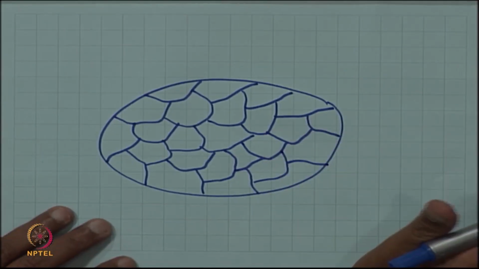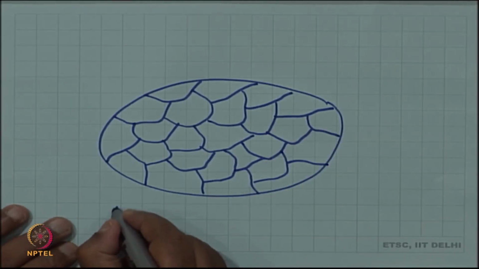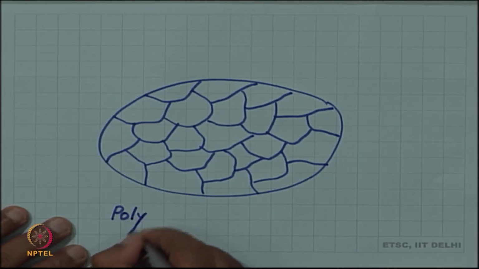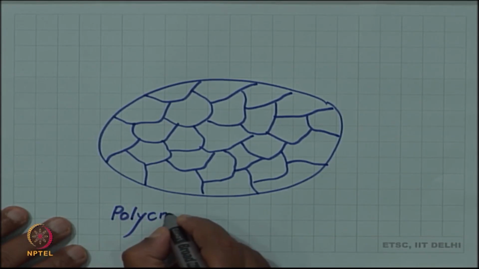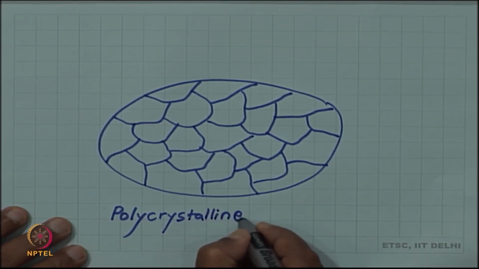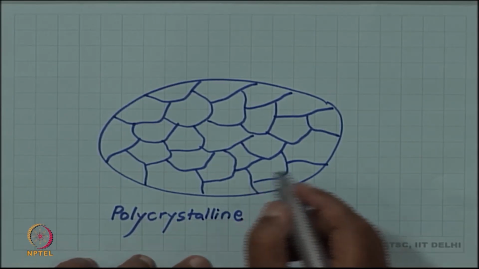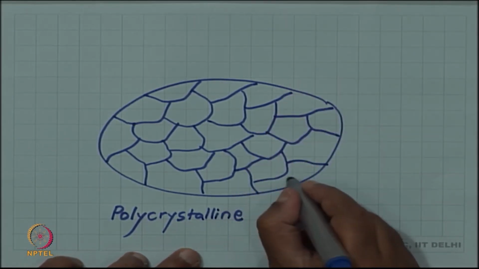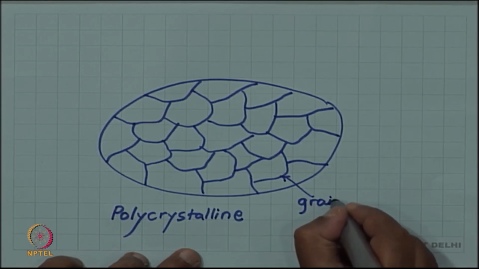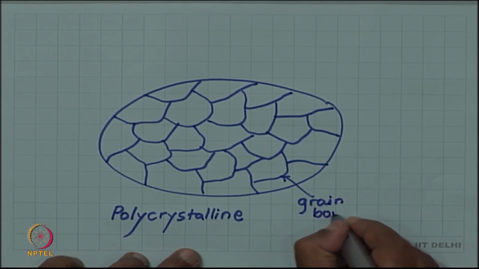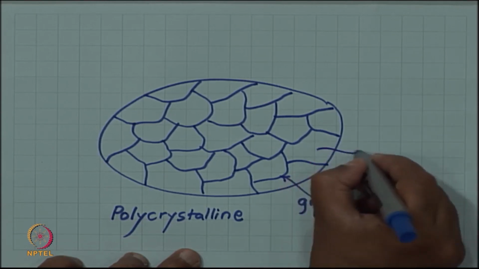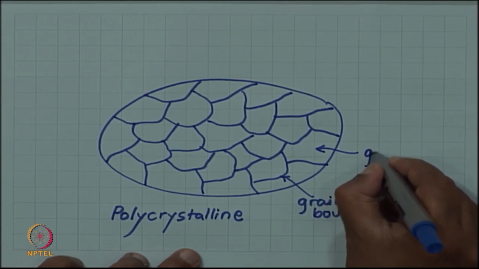So, this crystal now has many grains, and each of these lines which I have drawn is a grain boundary. So, such a sample will be called polycrystalline, and each of these internal boundaries is a grain boundary. And each of the individual regions is a grain.